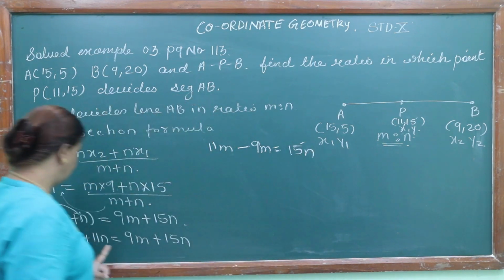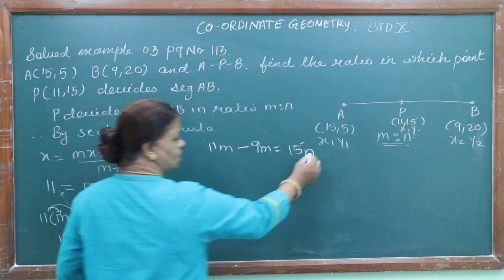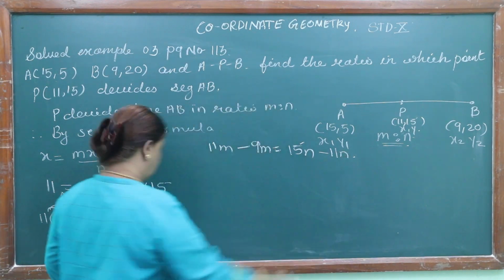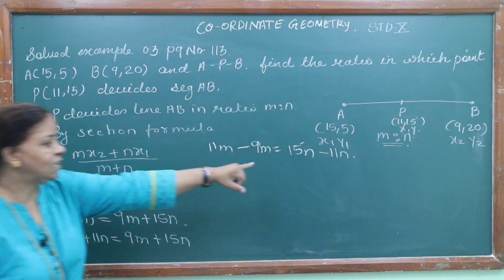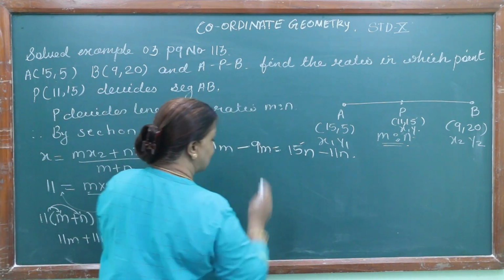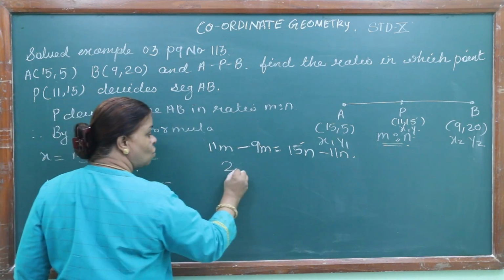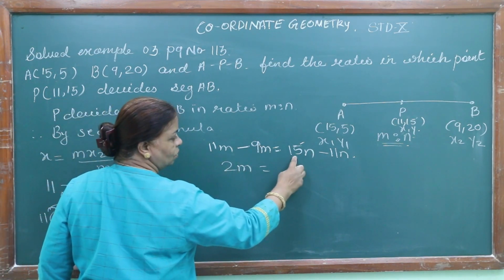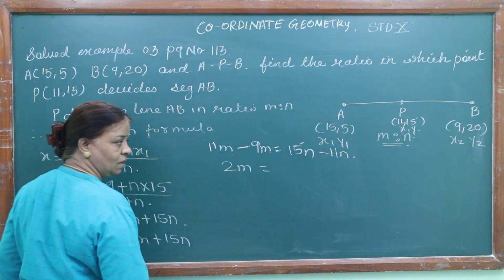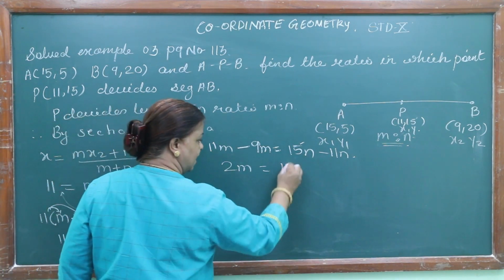So what I am shifting? 11n I am shifting that side, minus 11n. 11n is plus, it will go that side, it will become minus. 11 minus 9, 2m equal to 15 minus 11 will be 4n.